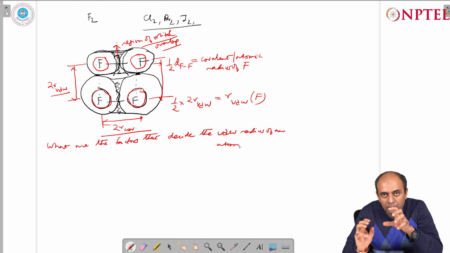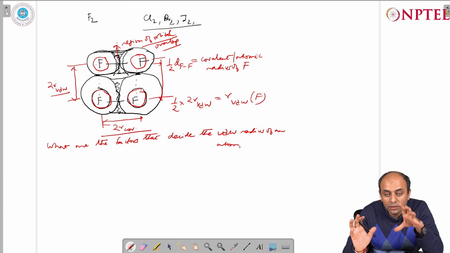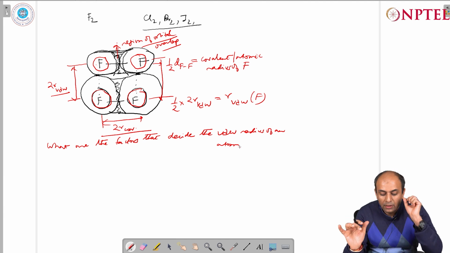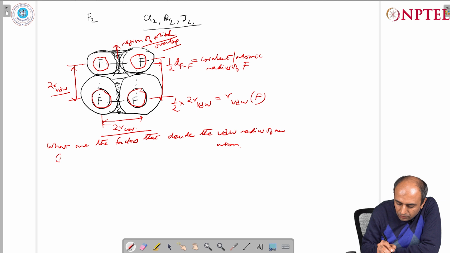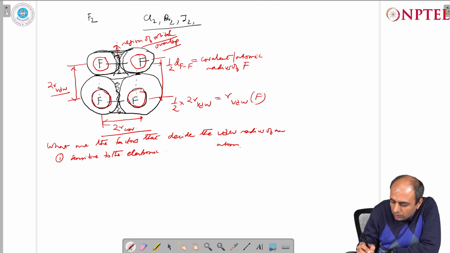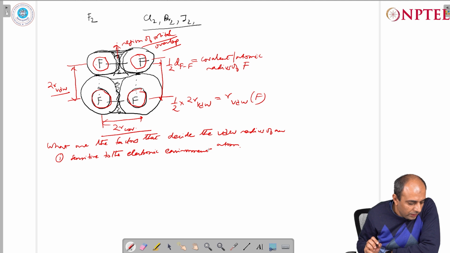To some extent it depends upon the oxidation state in case of transition metals, and in case of lanthanides and actinides, but in case of the main group elements or neutral atoms, the atomic radii remains constant. Unlike atomic radii, van der Waals radii is actually very sensitive to the electronic environment.